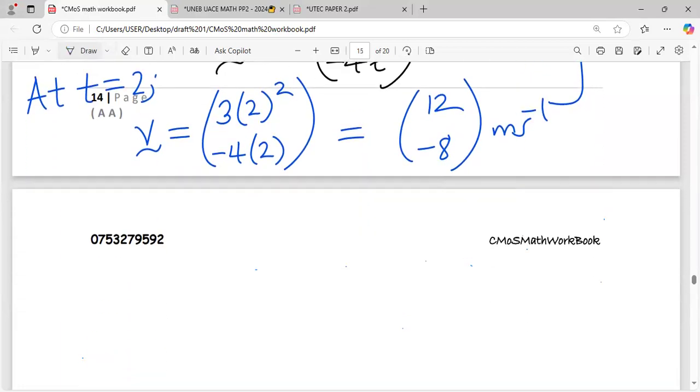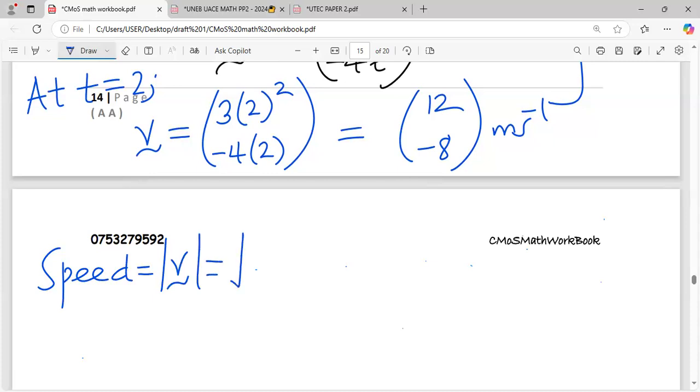Come and say the speed is the magnitude of velocity, not forgetting that vector symbol, of 12 squared plus negative 8 squared.